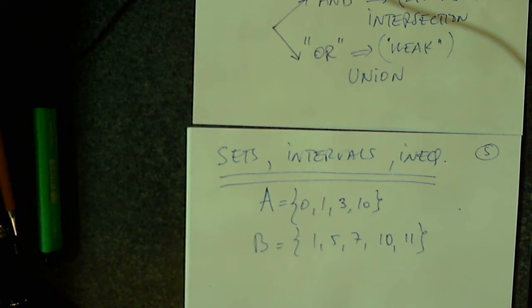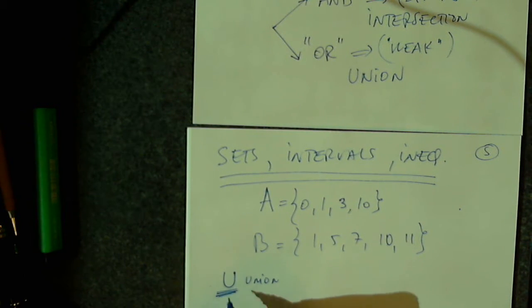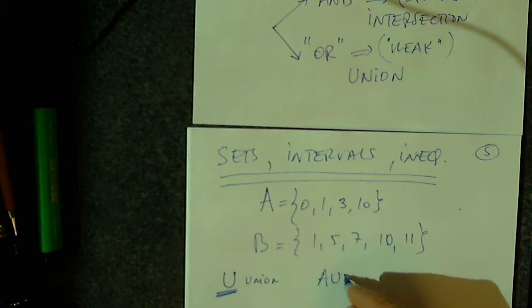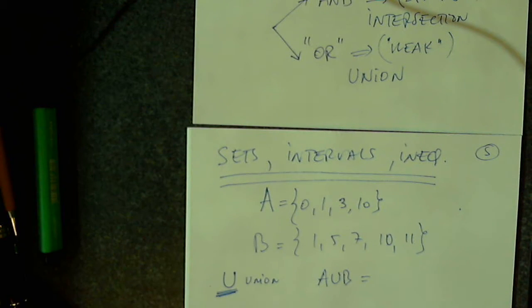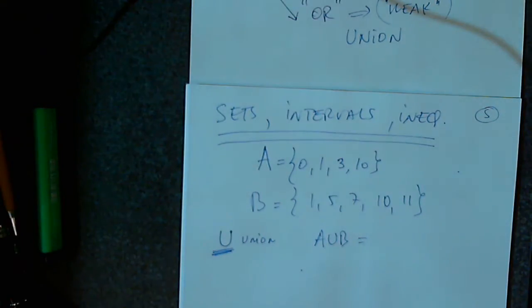Now, I would like to determine the union. Union has this symbol, U. So the union is another set. The union of A union B. That's another set, this third set, in which I'm happy with anything. Either what is in A or what is in B. Those can be in the union.